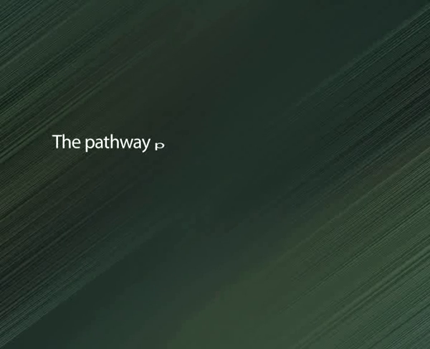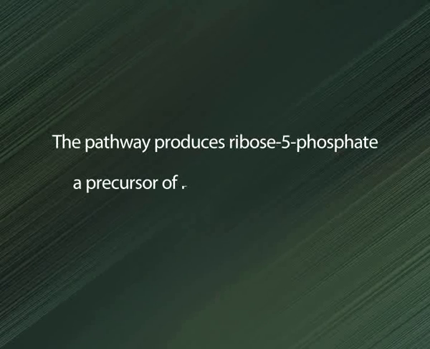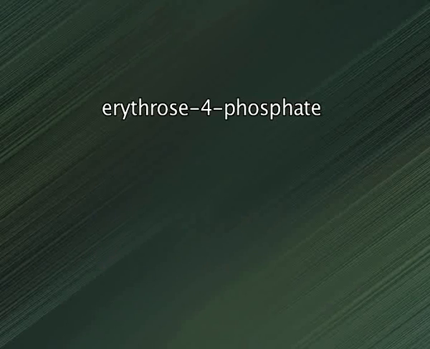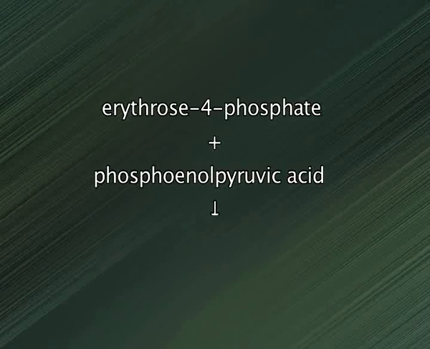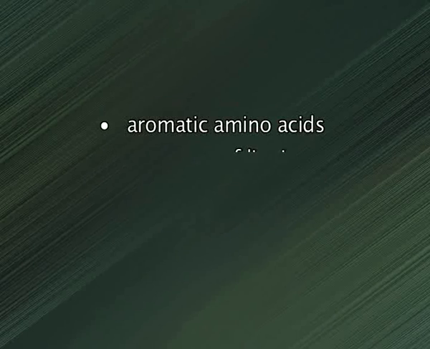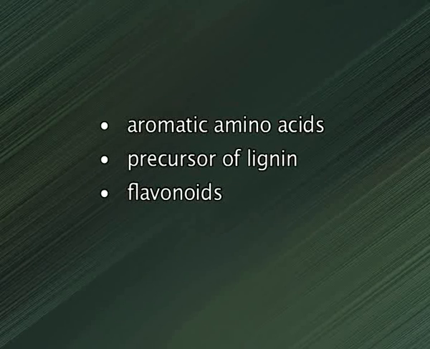The pathway produces ribose 5-phosphate, that's a precursor of ribose and deoxyribose that's needed in synthesis of DNA and RNA. Another intermediate, the 4-carbon erythrose 4-phosphate, combines with phosphoenolpyruvic acid in the initial reaction that produces phenolic compounds including aromatic amino acids, precursors of lignin, flavonoids and phytoalexins.